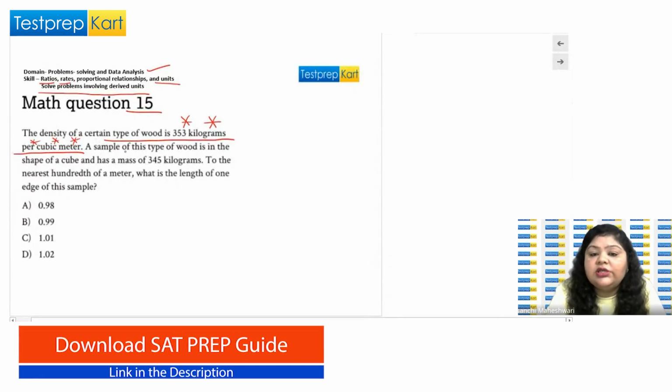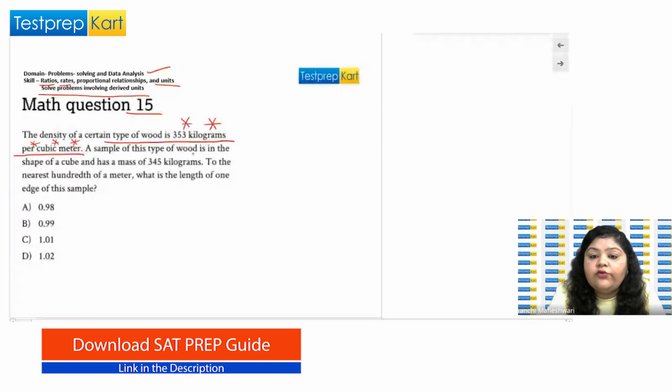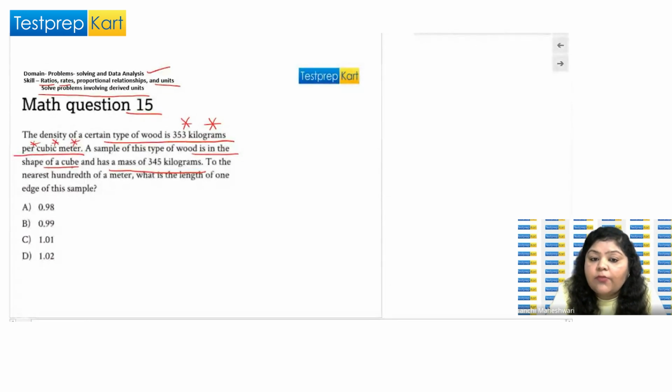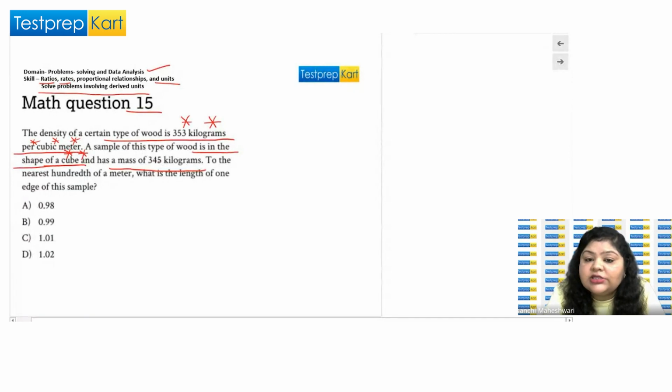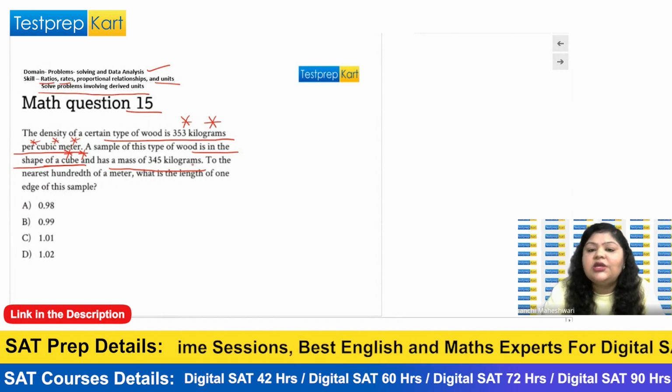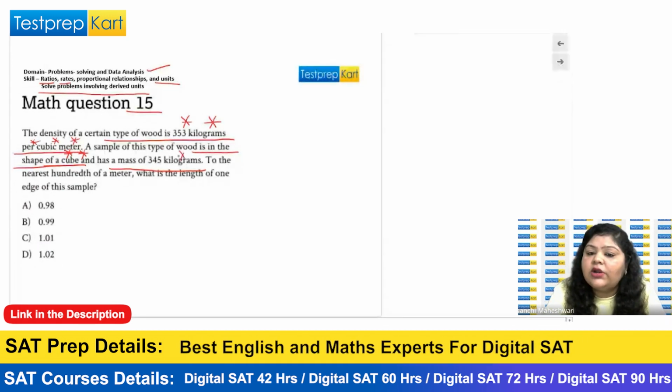Now the question says a sample of this type of wood is in the shape of a cube and has a mass of 345 kilograms. So either you call it a mass or a weight, it's one and the same thing, because have a look at the unit. The unit is kilogram only.